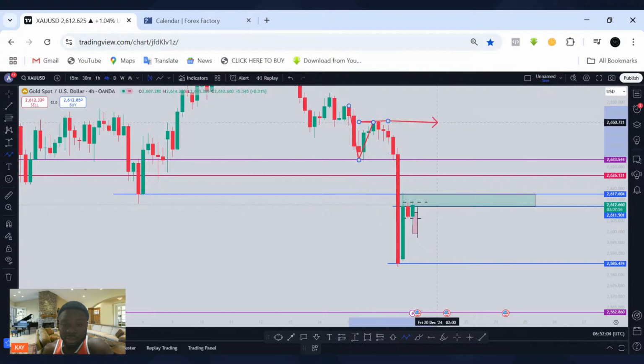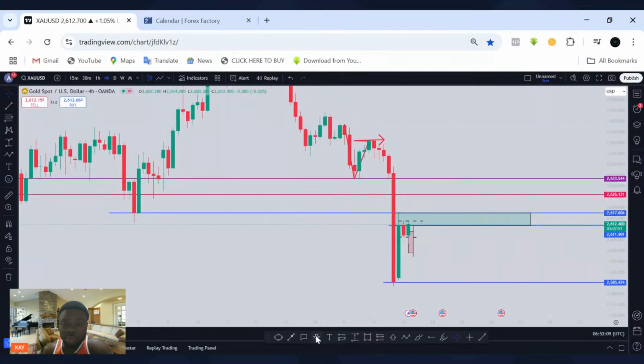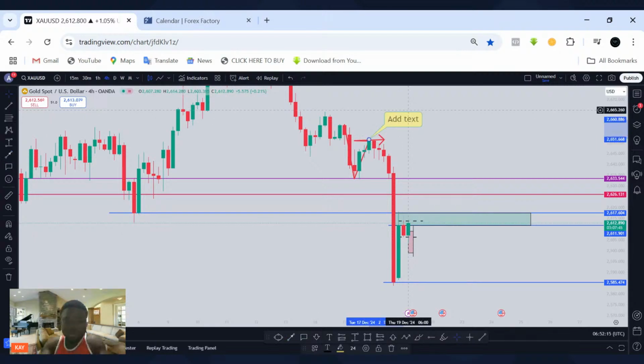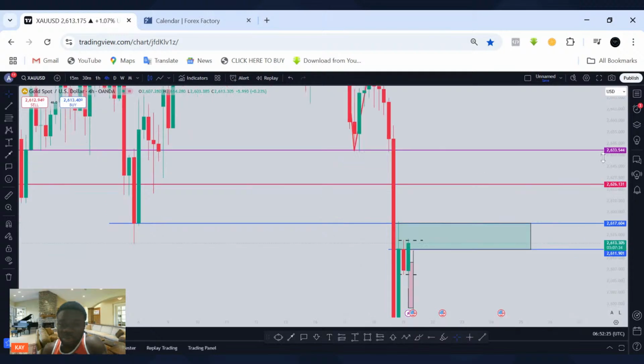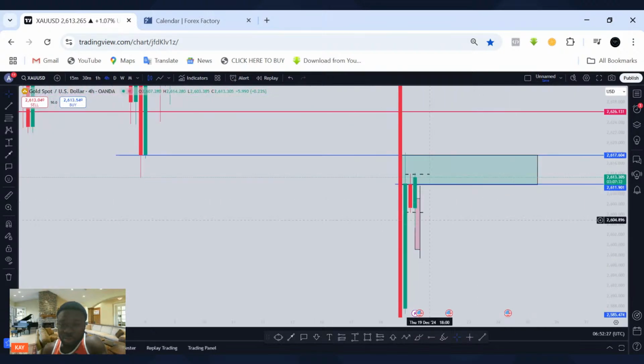The bearish candle created bearish, so there was an equilibrium point over here. So this was the resistance, and price continued.